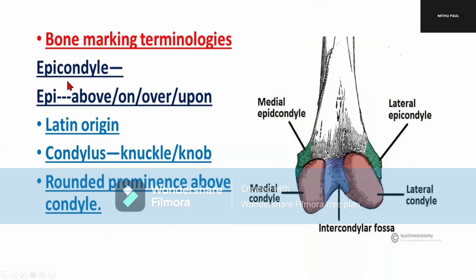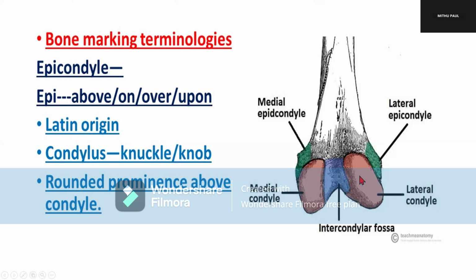Now the term is very related: the epicondyle to condyle. Epi means above or on or upon, such as in epiphysis, you have known the term. So any bony elevation lying above the condyle is known as an epicondyle. It is again of Latin origin, coming from the condylus word, a rounded prominence above the condyle.